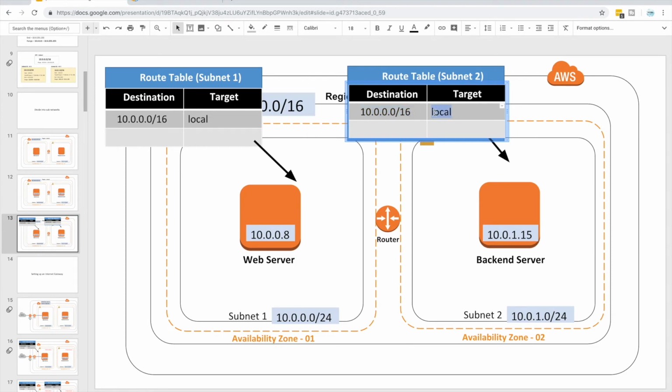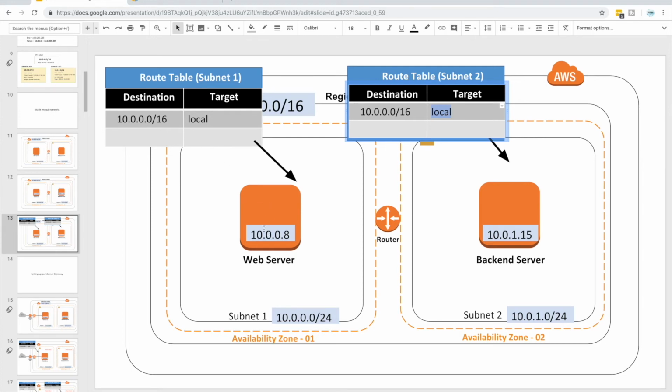So that's what local means. If this resource, let's say our backend server, 10.0.1.15, is talking to our web server, which is within this range, the rule says route it within our VPC. So that makes the backend server able to talk to the web server. And similarly, the web server also has the same rule.